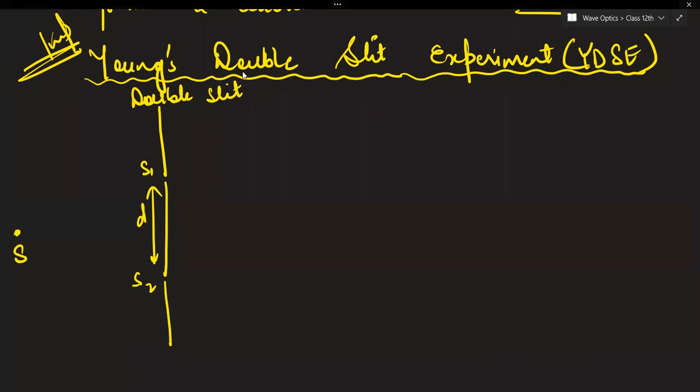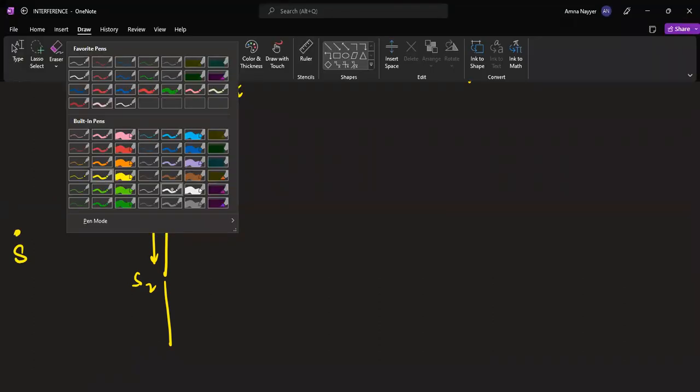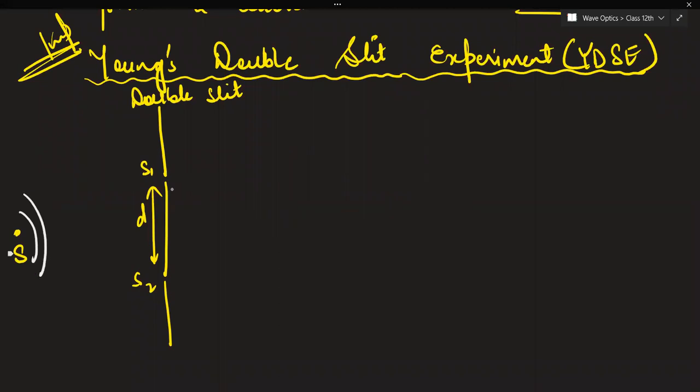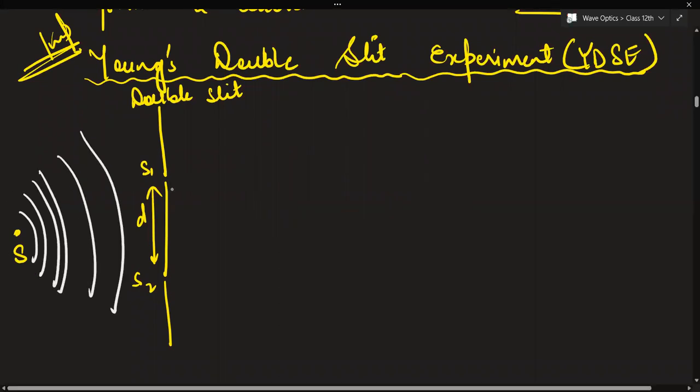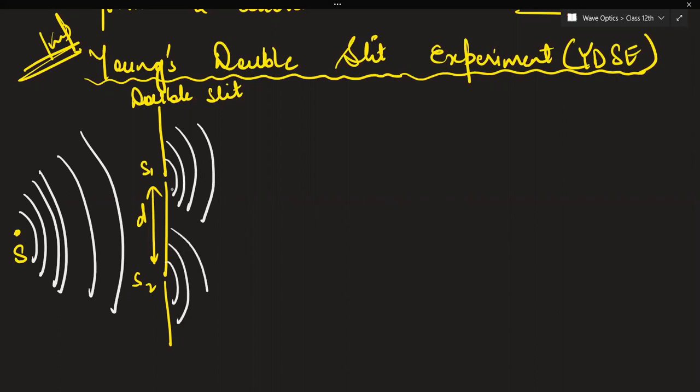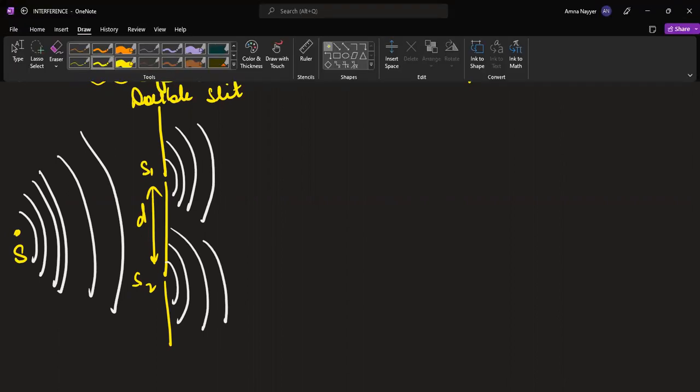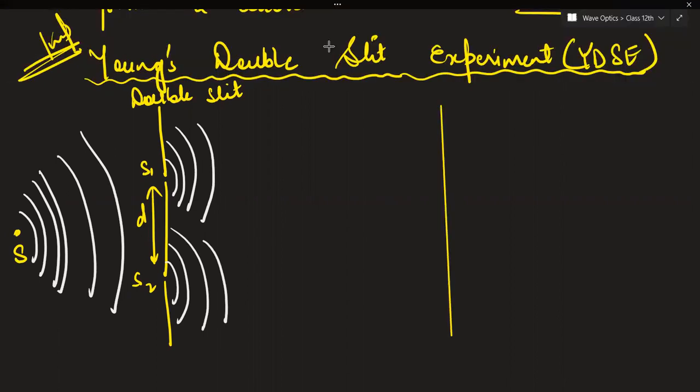The source will produce waves, it will emit waves. These waves will pass through one slit, then pass through another slit like this, and a screen will also be kept.